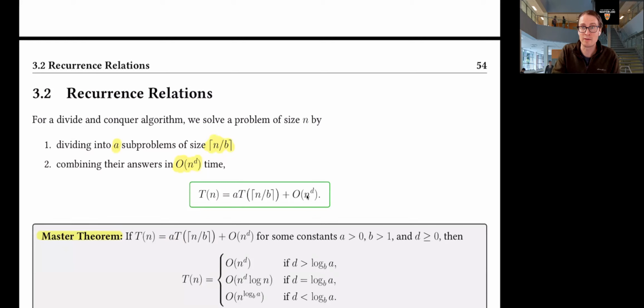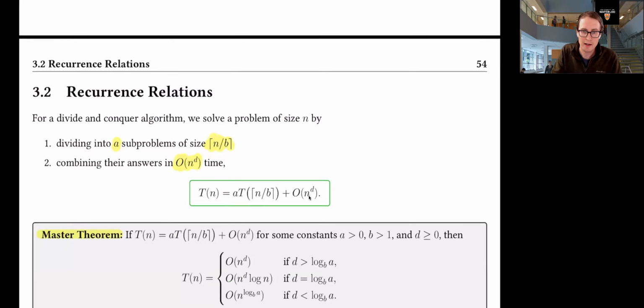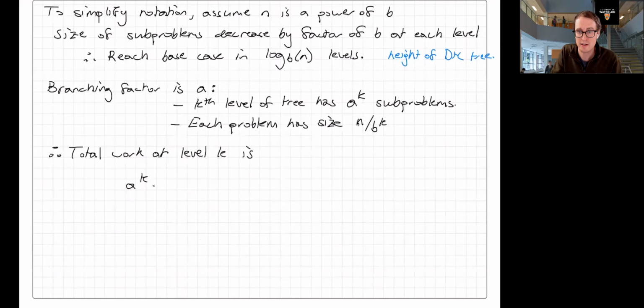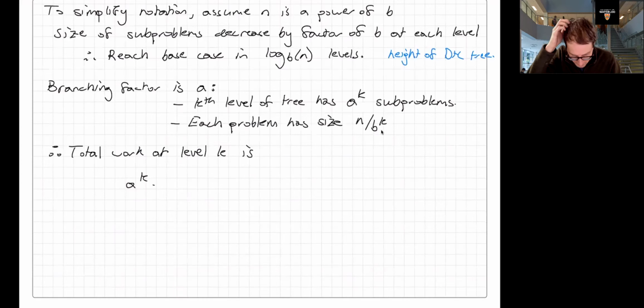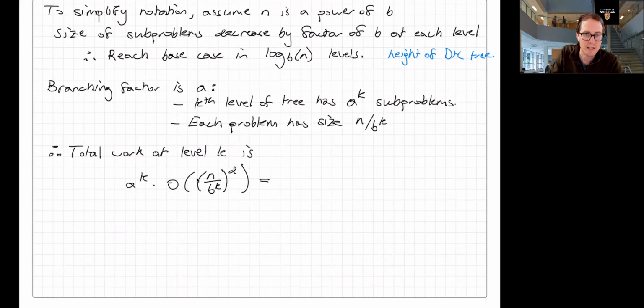But now in this level, the problems aren't of size n, they're instead of size n over b to the power of k. So the work we do in that level is big O of n over b to the k, all to the power of d. Let me rearrange this, because I want to separate the stuff that depends on k from the stuff that doesn't.